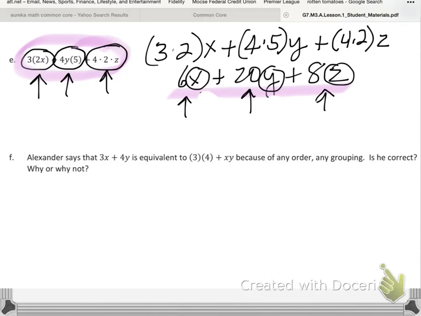If they were going to be the same number, they would all be x's, or all y's, or all z's, and then we could combine those terms. But as it stands, this is as simple as we get right now.